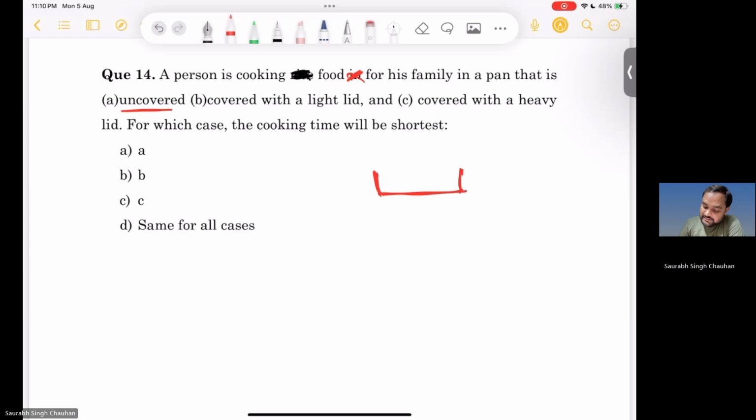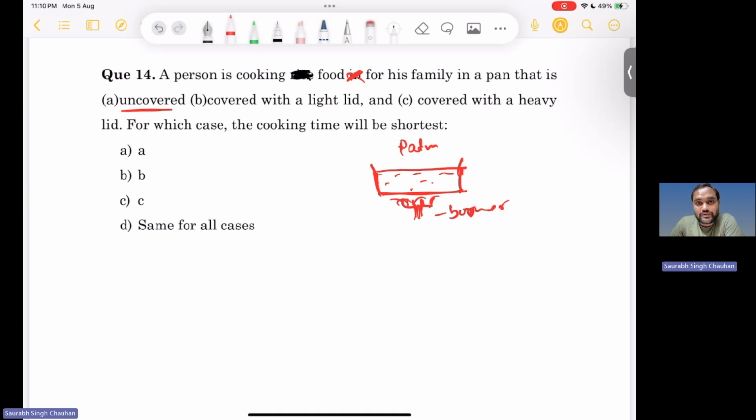This is the pan and this is the burner. If it is not covered, the pressure here will be equal to atmospheric pressure. But if it is covered, then what will happen? The pressure inside this pan will start increasing.